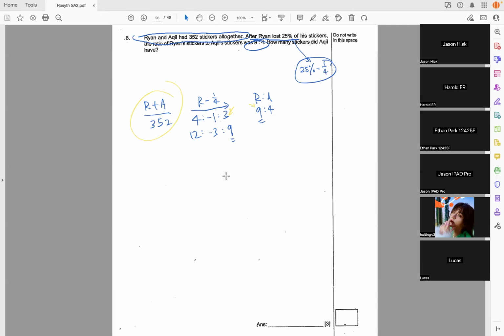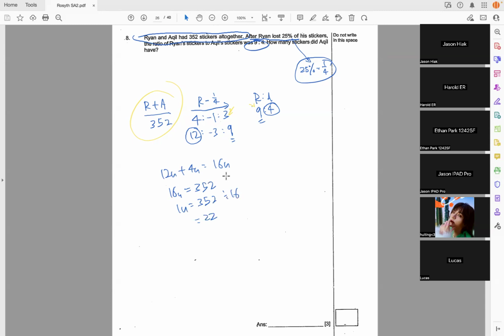So Ryan at first is 12 units, Echo at first is 4 units. So 12U plus 4U, this is their total, 16U. So 16U will be equal to 352. 1U is equal to 352 divided by 16. Answer is 22 for 1 unit.